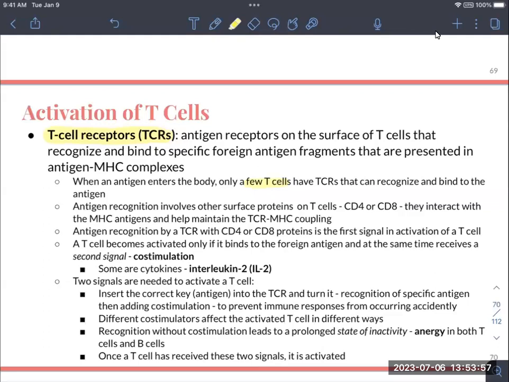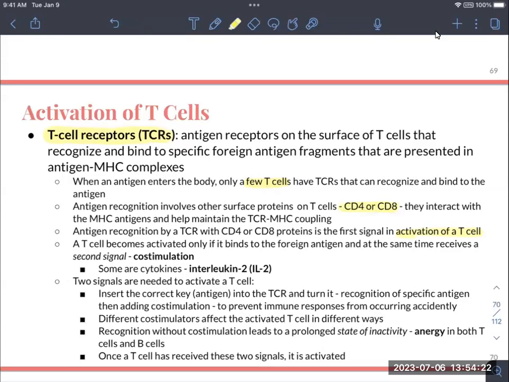Antigen recognition is going to involve either the CD4 or the CD8 cells, those different T cells. The recognition is going to cause the activation first of that T cell. We need to activate that T cell before we can start to replicate it.